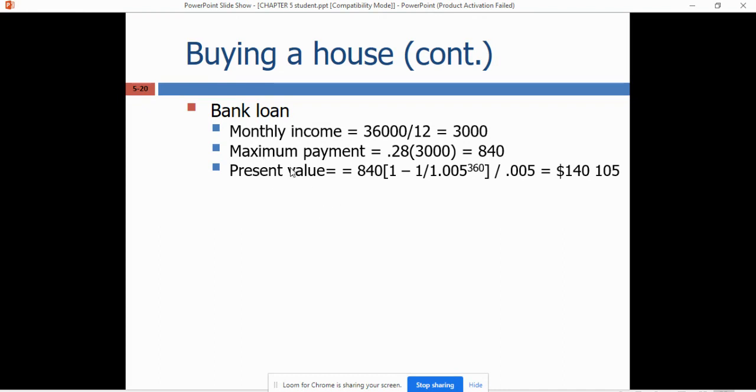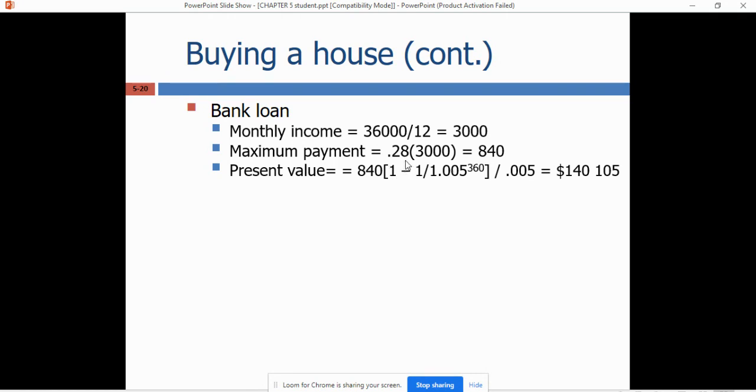So you can use your formula, right? Your annuity is 840, times 1 minus 1 over 1.005 to the power of 360, divided by 0.005. Of course, it is exactly the same formula shown in class.